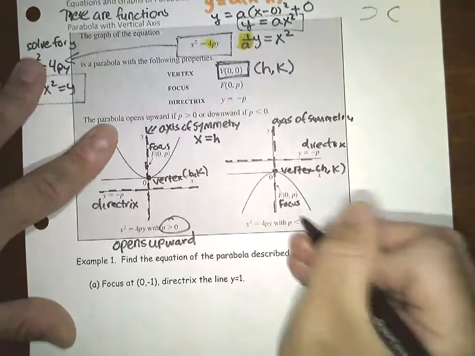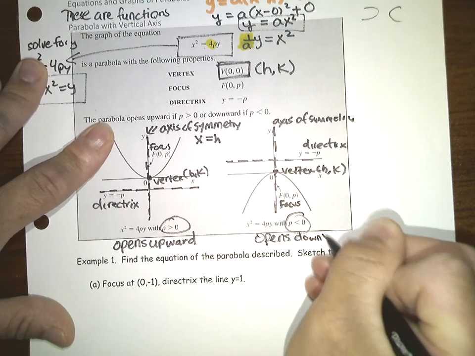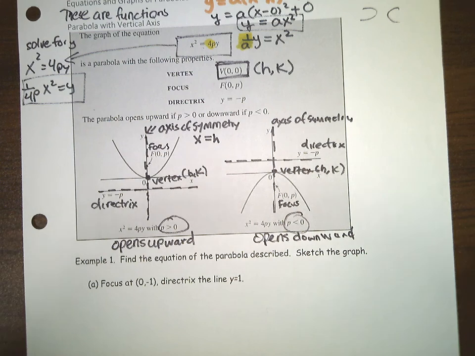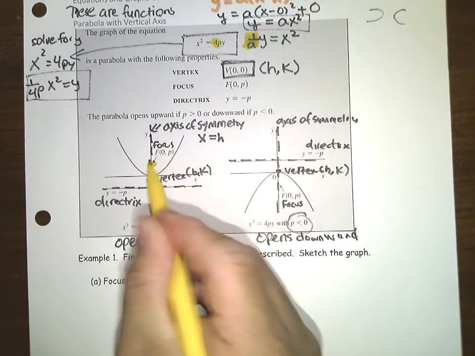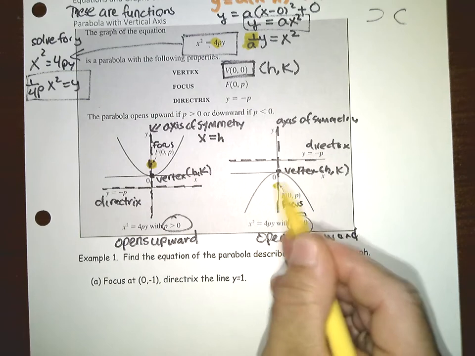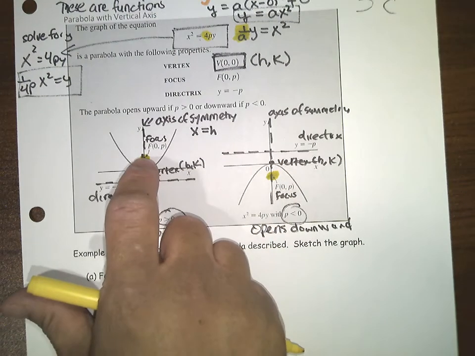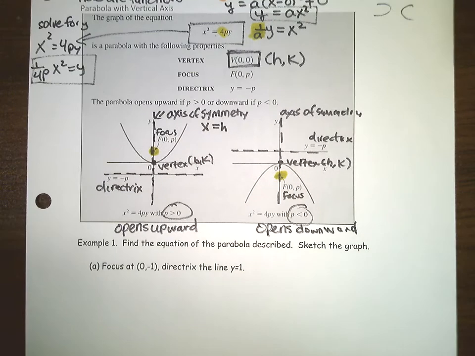You notice that this one opens downward. All right, so also you can notice that what I said earlier is true, that the focus is always in the direction that the parabola is opening. So this one opened up, so the focus was up here. This one opened down, so the focus was down here.